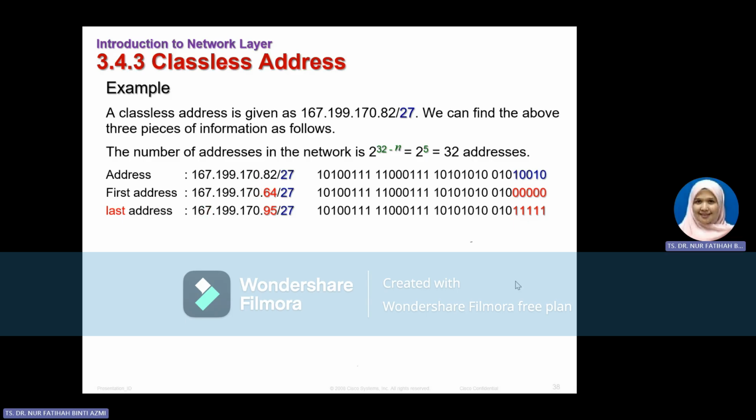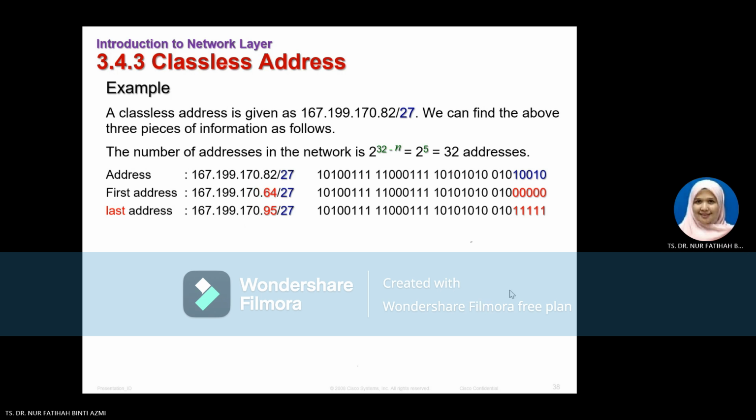For the last address, which we also call the broadcast address, same as previously, we keep this /27, but only set the host address, the last 5 bits, to 1. We need to convert this binary to the dotted decimal notation, so that we will get 167.199.170.95.